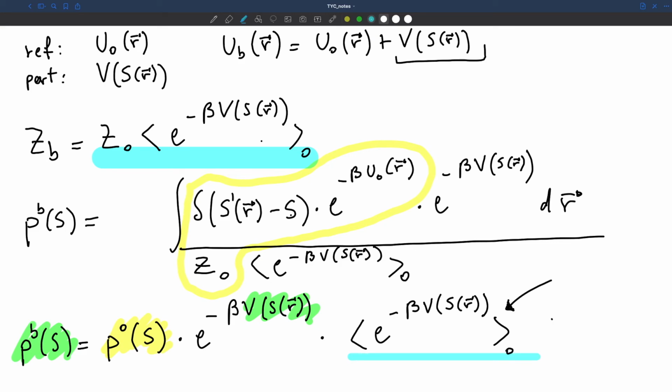We can actually estimate the unbiased probability density. This constant does not enter this estimate because it's not a function of S, and the dependence on S disappears when performing this integral.